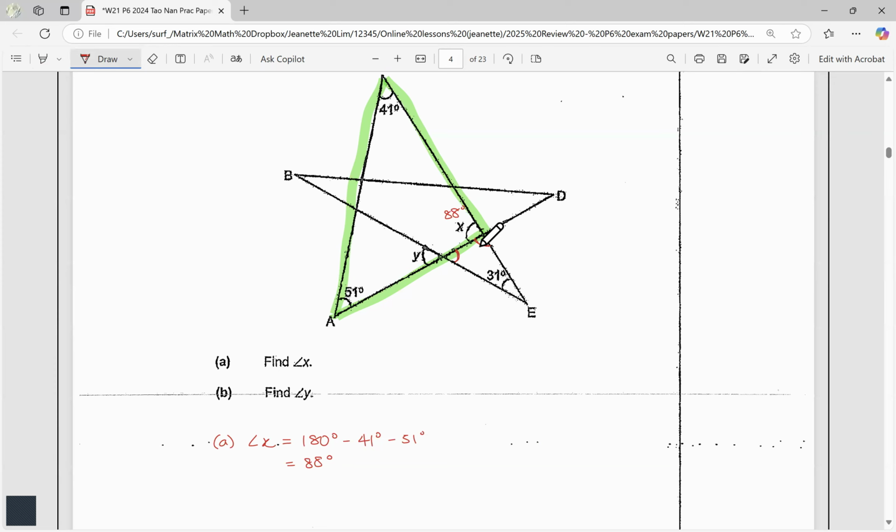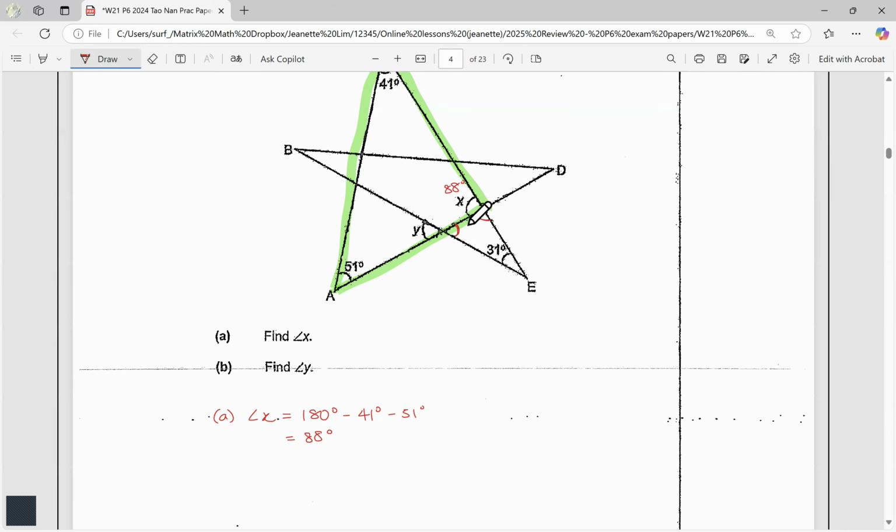So to find this angle here, I'll take 180 minus 88. Which is 92. So this is 92 degrees.